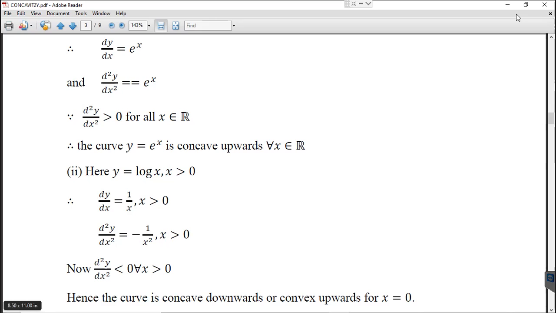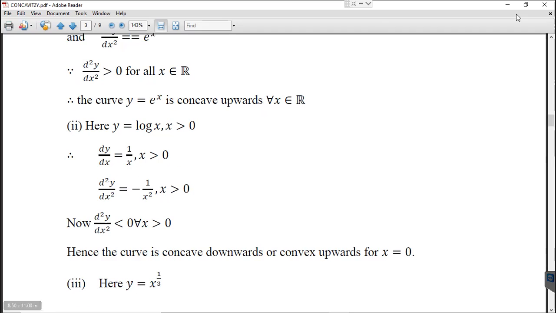If we put any x greater than 0, d2y by dx2 is always less than 0. So the second order derivative is less than 0 for all x greater than 0, which means that the given curve is concave downwards, or you can say convex upwards, for all x greater than 0. Here x is greater than 0; actually there is a typing mistake.